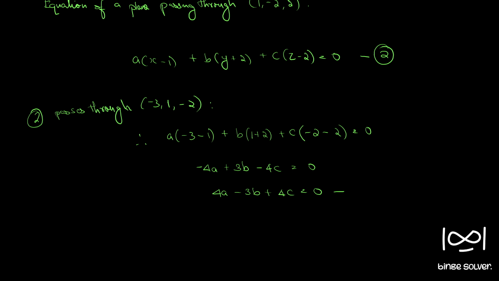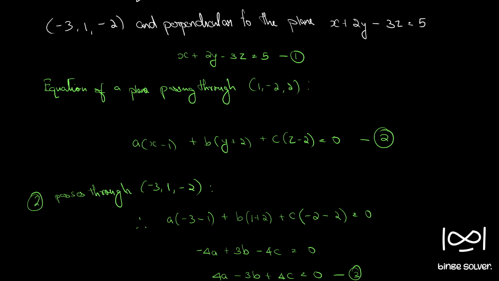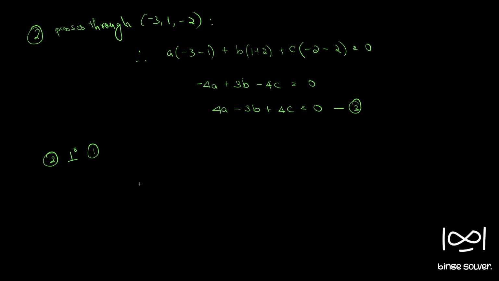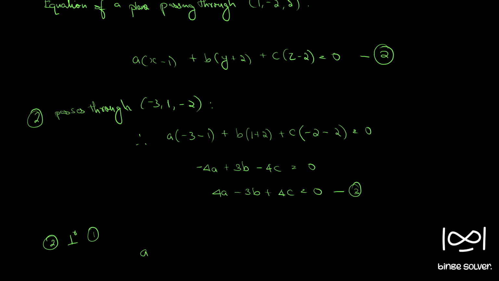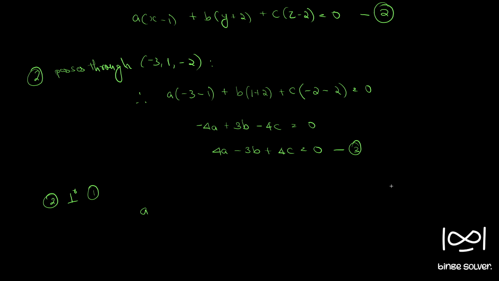Now let's see, we have plane 2 perpendicular to plane 1. So using that information, we use the angle between the planes, which will be 90 degrees. We know that the angle between two perpendicular planes has cos theta equal to 0, or a1a2 + b1b2 + c1c2 = 0.